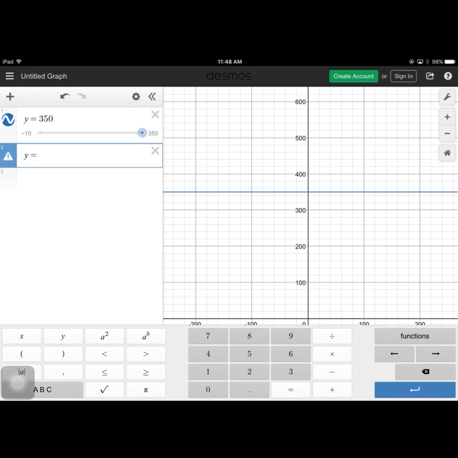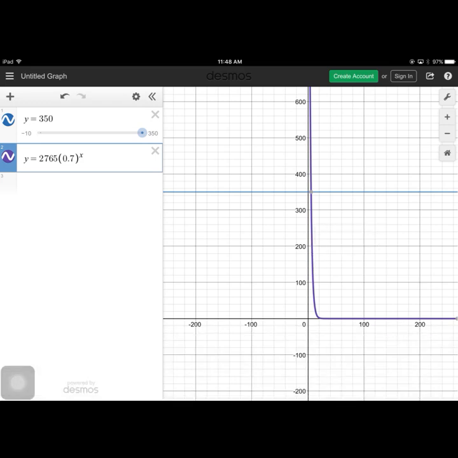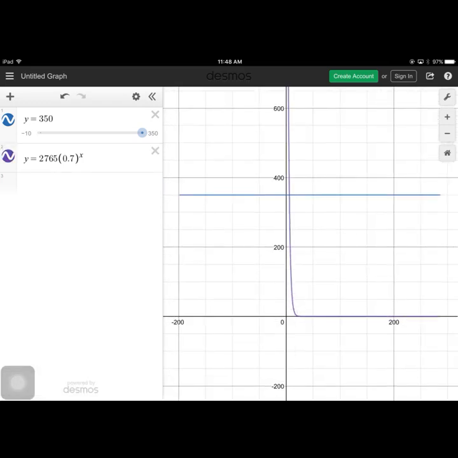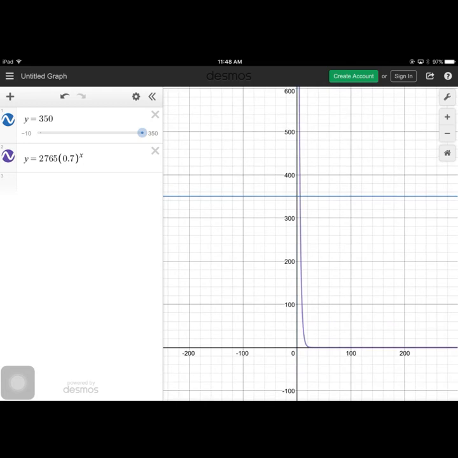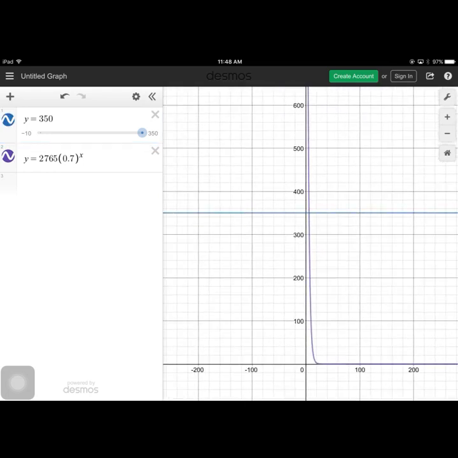So y equals 2765 times 0.7 to the x power. So there's my second equation, and you can see that this is a decay function. It's going down. And so we're going to zoom in and see where do they meet. So I'm going to tap, and that is exactly going to be at 5.795.